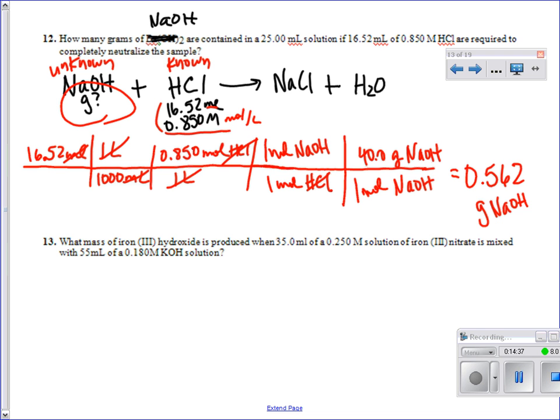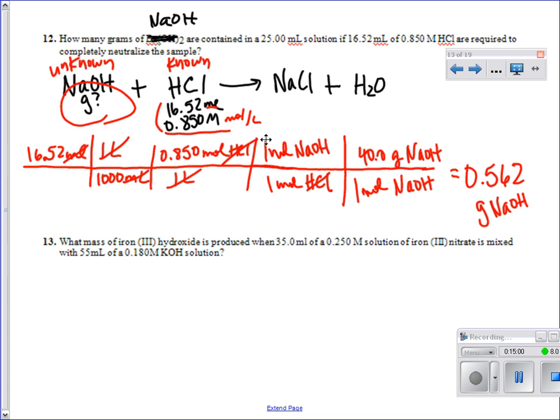What's the limiting reagent? And what's in excess? Neither. Why? Because we stoichiometrically matched it, right? We have exactly the perfect amount to react with each other. Okay, I was trying to trick you. All right, let's do the next one.